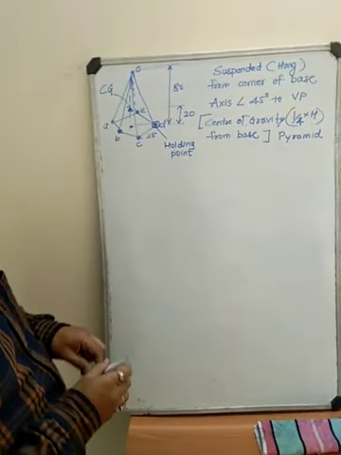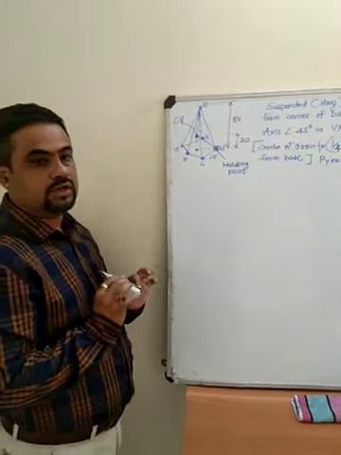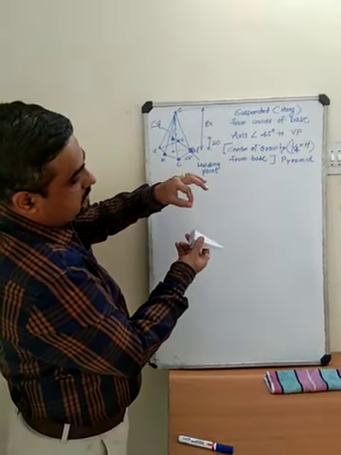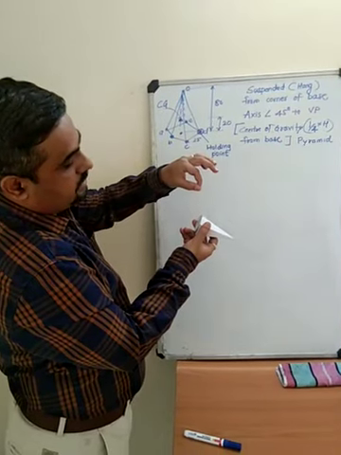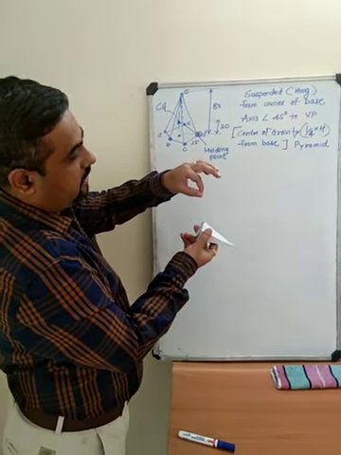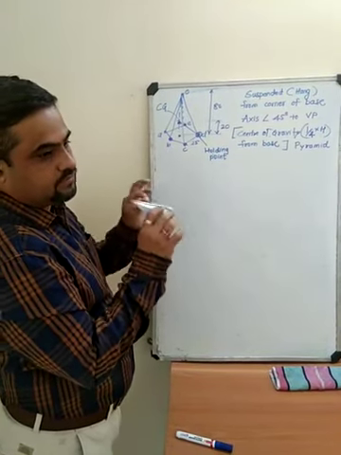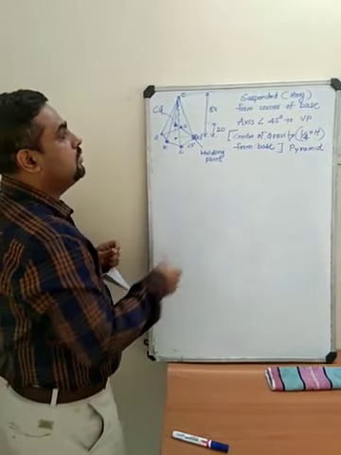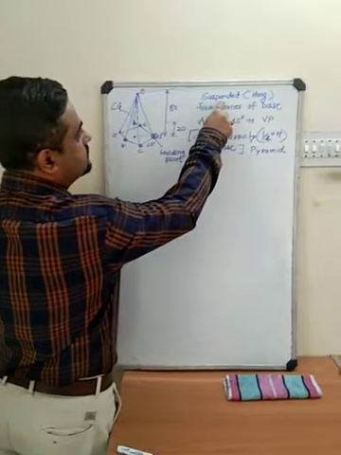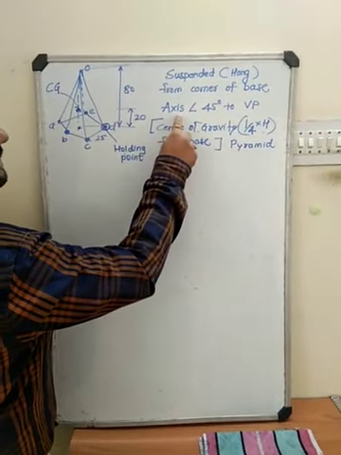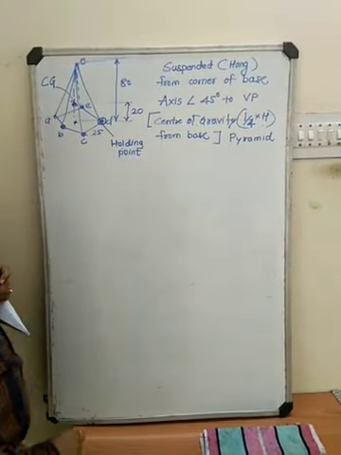Now step by step you will have to solve that one. You cannot draw this particular position directly. First of all, you will have to draw the solid, front view and top view. Then you will have to satisfy the condition of the suspended solid, and then the condition axis inclined 45 degrees to VP.